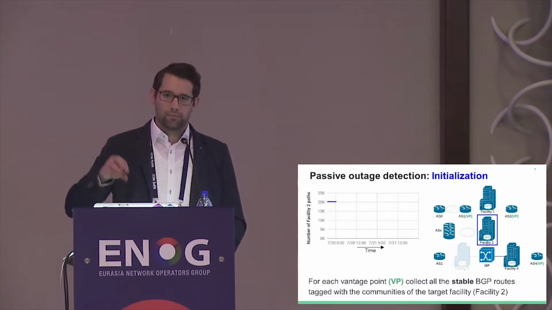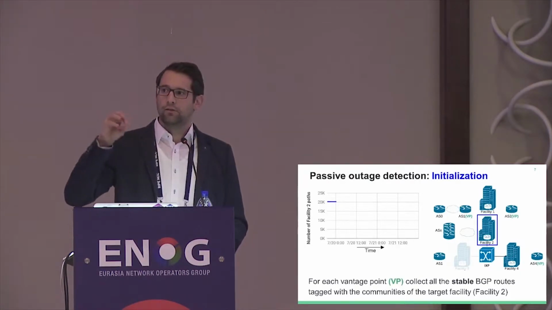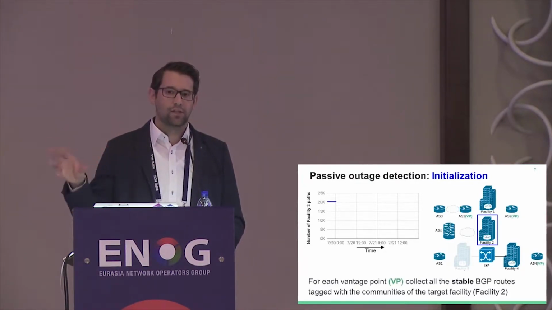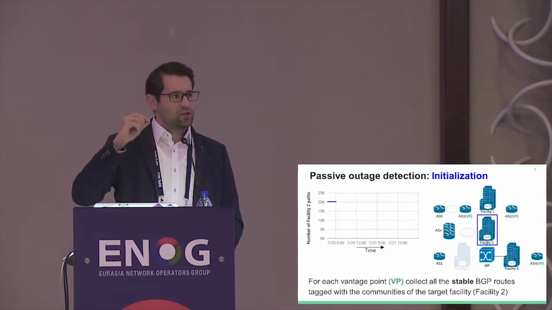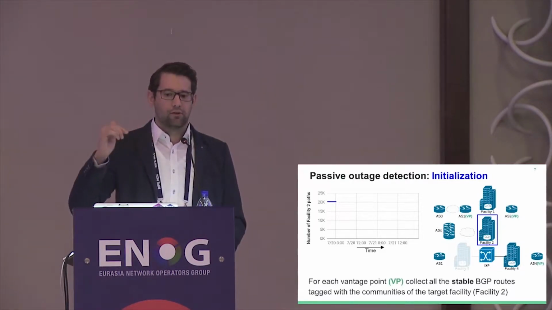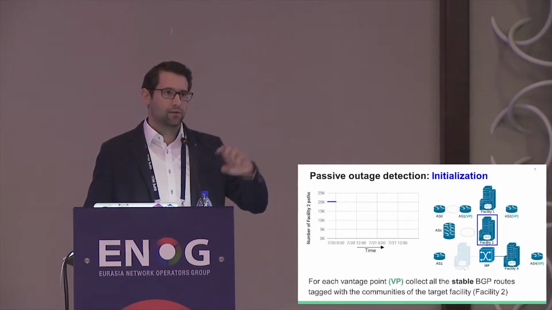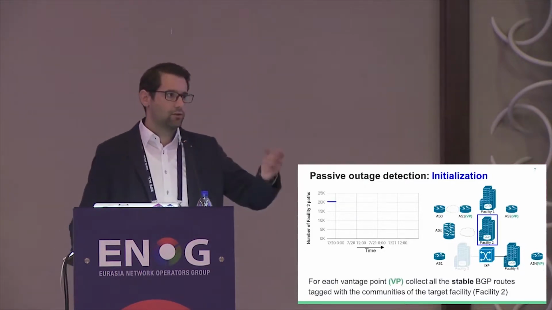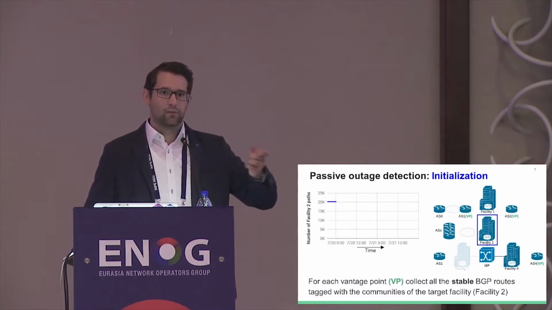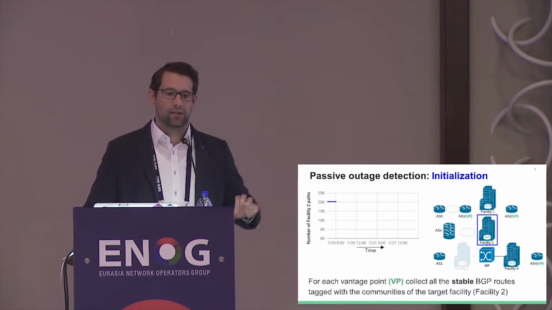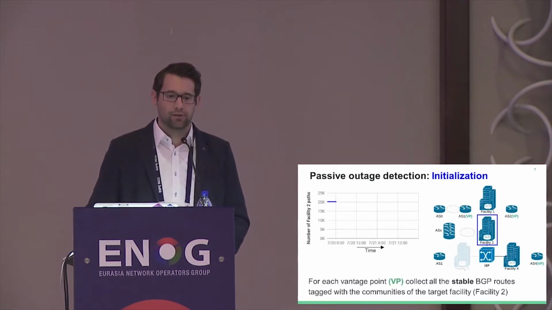Because what we do in the first place, we focus on one specific facility. In this case, it's facility 2. And then we just map all the paths that traverse facility 2. And then we have a stable path set. So we monitor it for a certain duration, not considering those coming and going all the time, but a stable set of paths. In this case, it's 20,000 different paths.